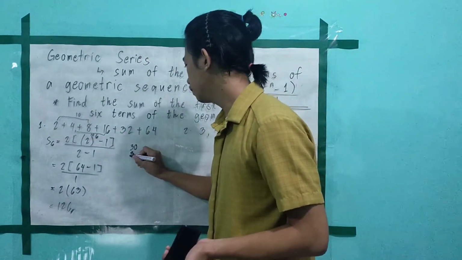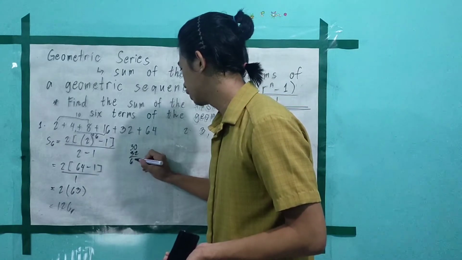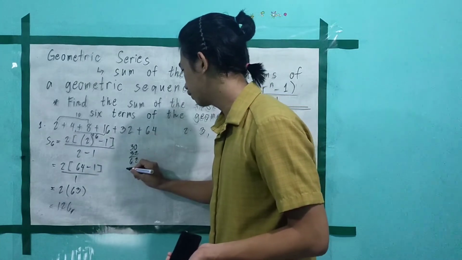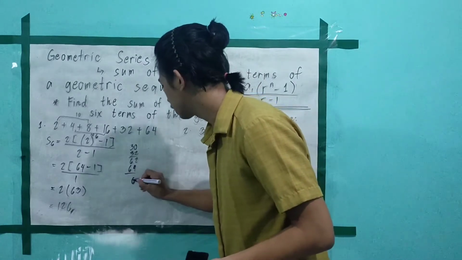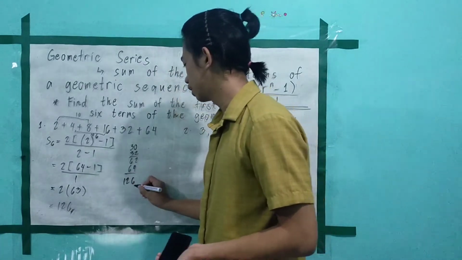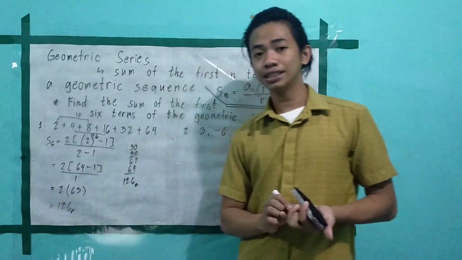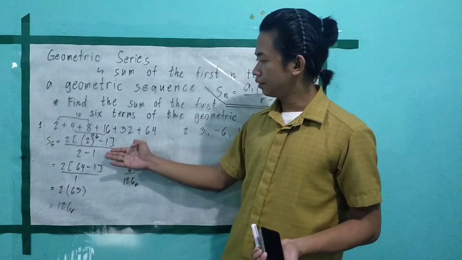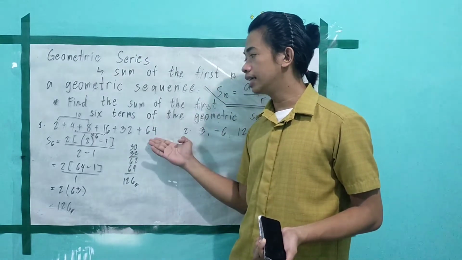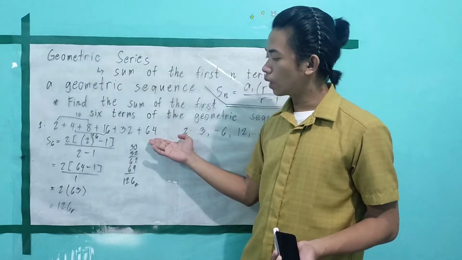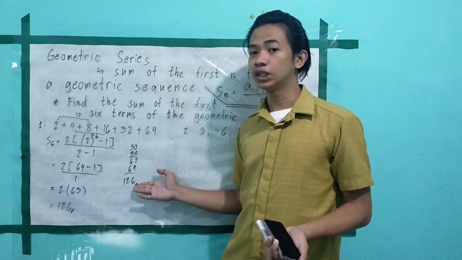Plus 32, we have 62. Plus 64, we have 126. Same lang din sila. So, pwede rin siyang imano-mano. Okay? So, ang series natin, or ang sum ng ating sequence ay 126.